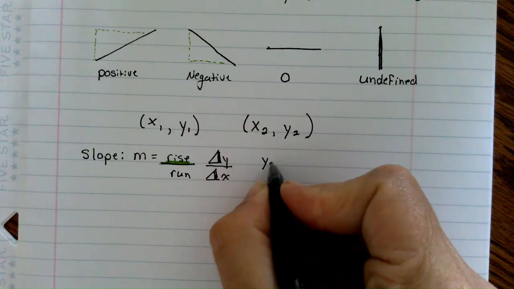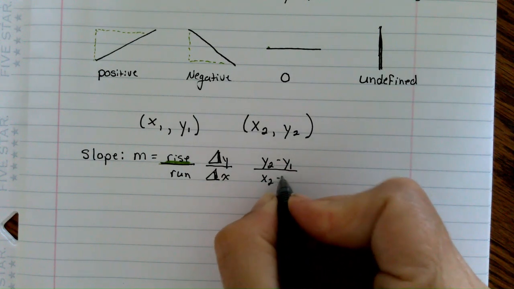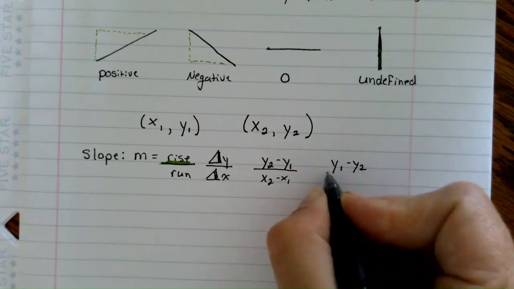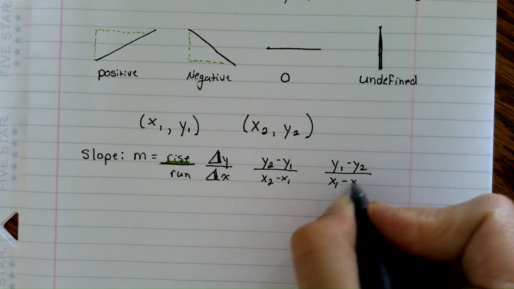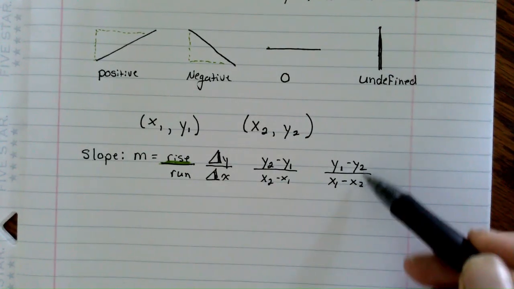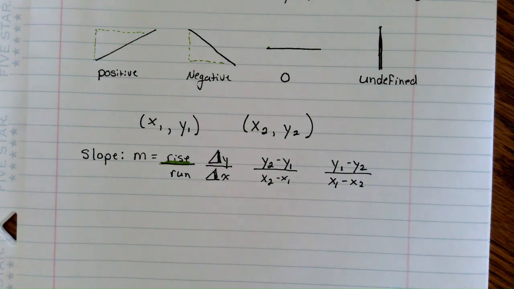You can do y2 minus y1 over x2 minus x1. You can even do y1 minus y2 over x1 minus x2. See how the number ones come first and the twos second here, or the twos first and the ones second. You can do any of those. You just have to pick your favorite.